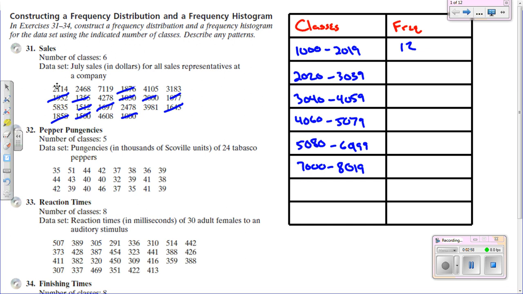Second one, between 2020 and 3039, would be 1, 2, 3.